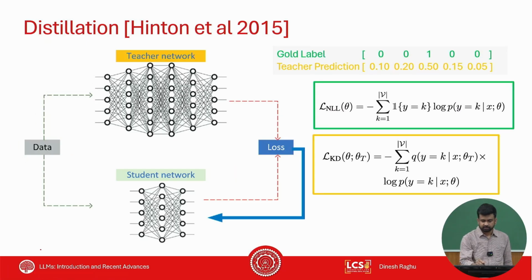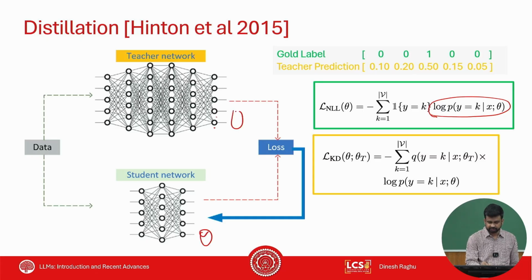So, okay, let's take an example here. So here there are 5 outputs. Let's assume that they're all going to give us a probability. And so let's say if the gold label is something like this, then your typical loss would have been that you increase the log likelihood of that particular value, which is 1, right? That's going to be your usual loss. So now for the knowledge distillation, your theta is here. That is your theta.